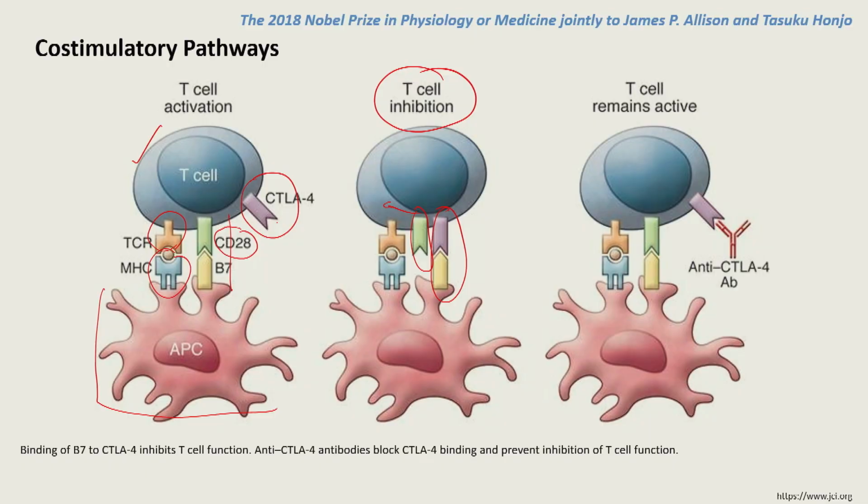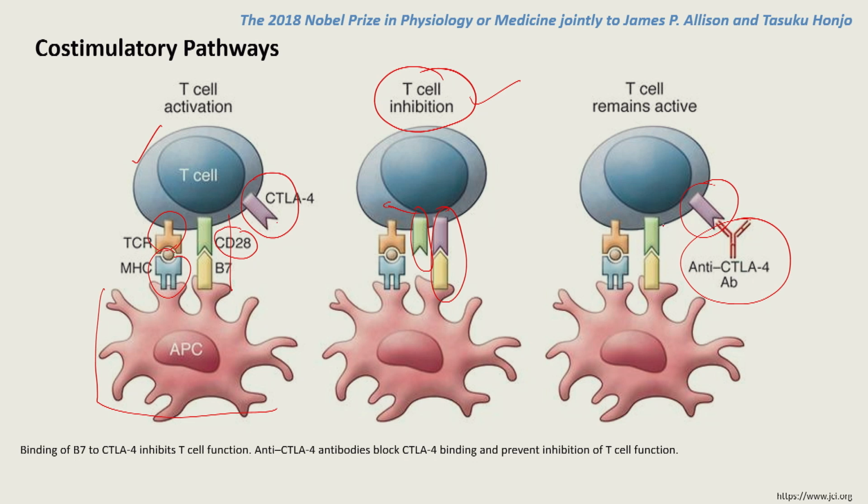In order to do that, we need to make this particular cell, which got inhibited by this CTLA4 and B7 co-stimulatory biology, active. So what we could do is design a CTLA4-specific antibody, so that the antibody against CTLA4 can bind to CTLA4, and therefore CTLA4 is not available freely to bind to B7.